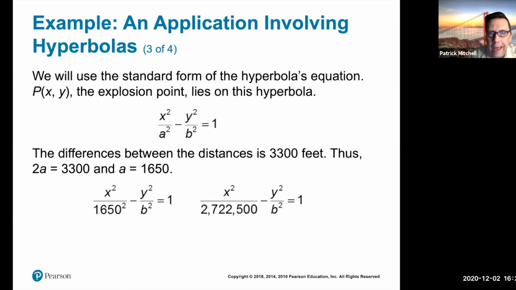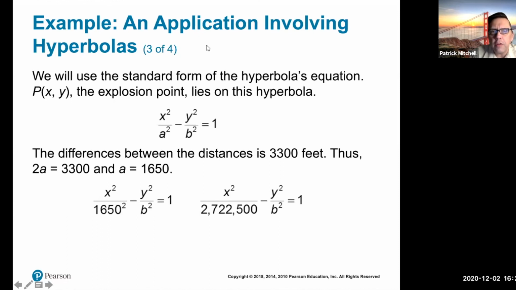Thus, 2a is equal to 3,300, which means a is 1,650. So that was the thing that made me scratch my head the first time I saw this problem. I thought, okay, how did they get 2a equals 3,300? So I figured that out.